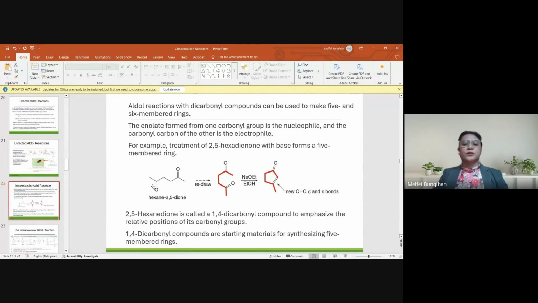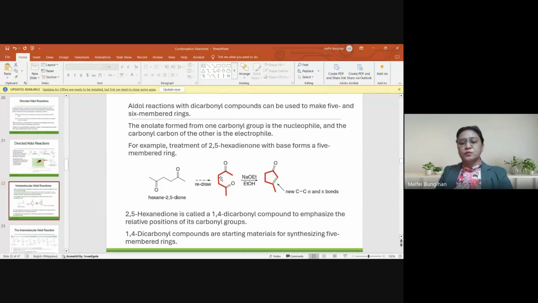So if we redraw this in order for us to have a closer enolate nucleophile and electrophile interaction, we redraw it like this. And then, of course, abstraction via base, sodium ethoxide, will give you this.